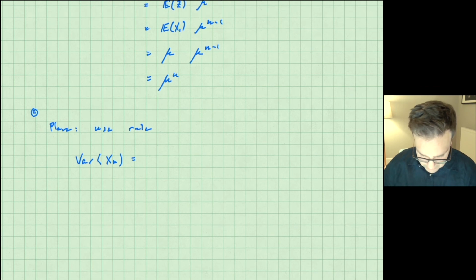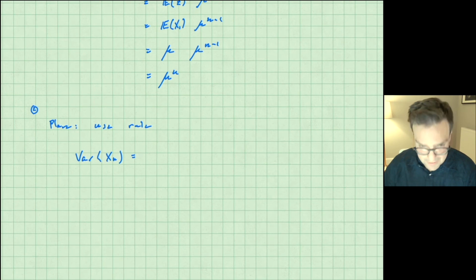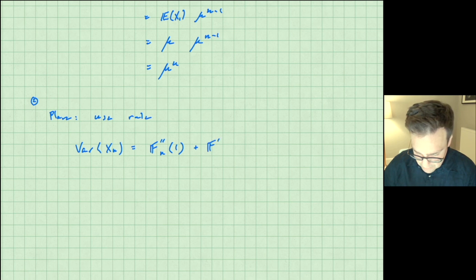So the variance of x sub n is going to be the second derivative of its PGF, so that's f sub n, evaluated at 1, plus the first derivative evaluated at 1, and that's something we already know how to compute, minus the square of the first derivative evaluated at 1.